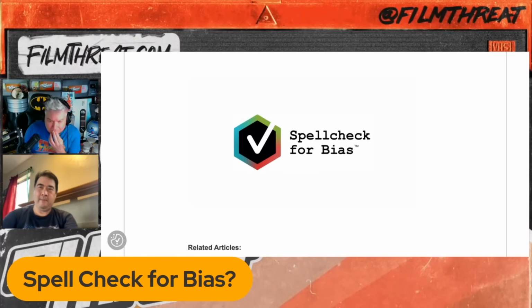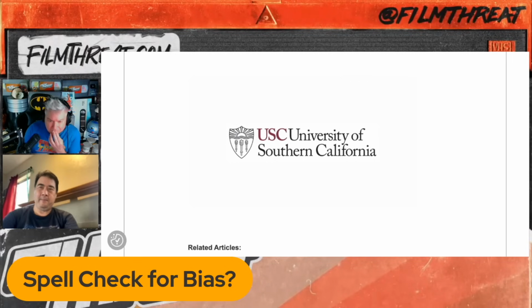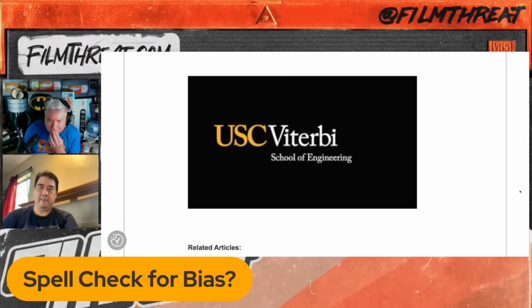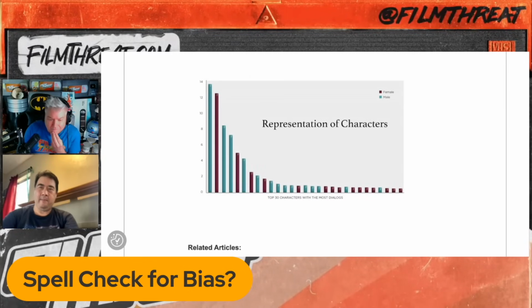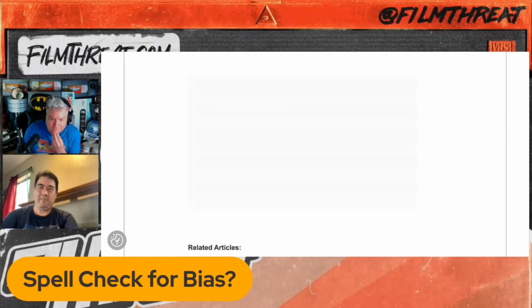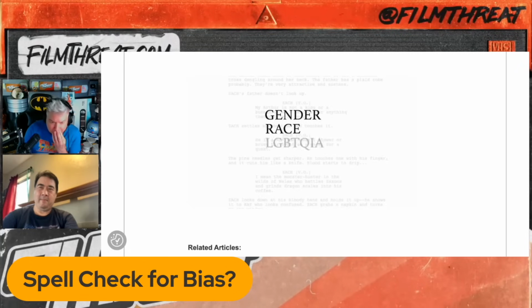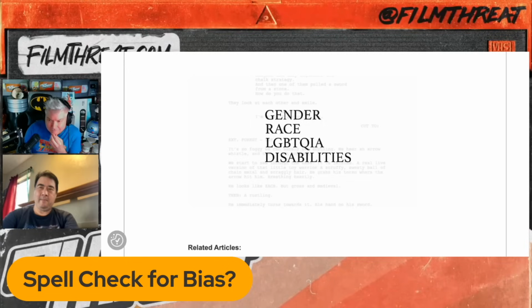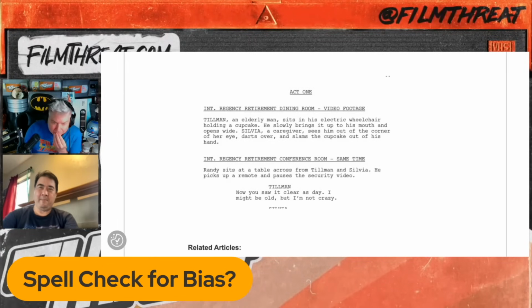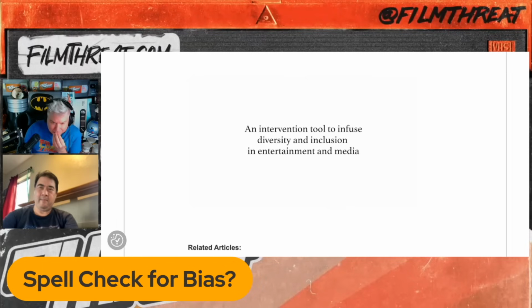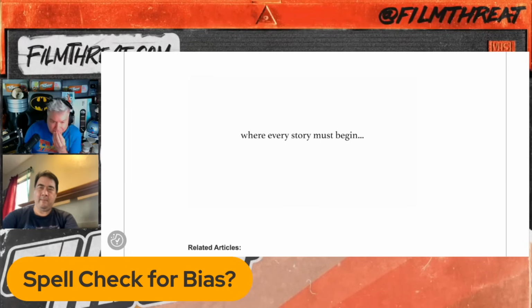With the GDIQ's Spellcheck for Bias, powered by patented AI text analysis technology developed at the University of Southern California, a script can be analyzed for representation of characters and percentage of dialogue by gender, race, LGBTQIA, and disabilities, percentage of non-gender identified speaking characters, highlighting opportunities for more balanced representation, and so much more. An intervention tool to infuse diversity and inclusion in entertainment and media, where every story must begin.